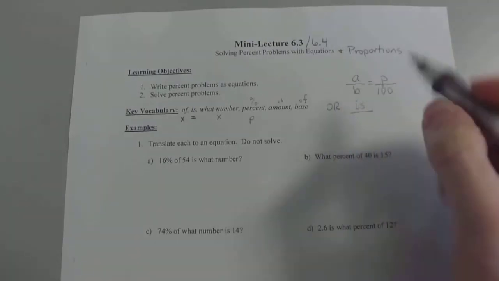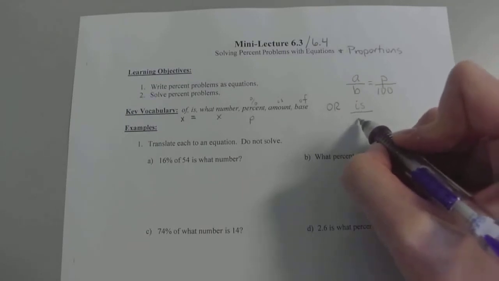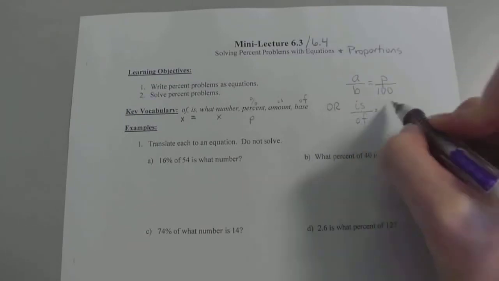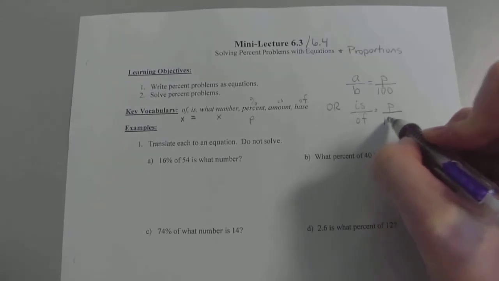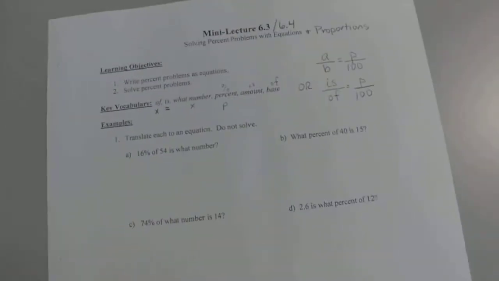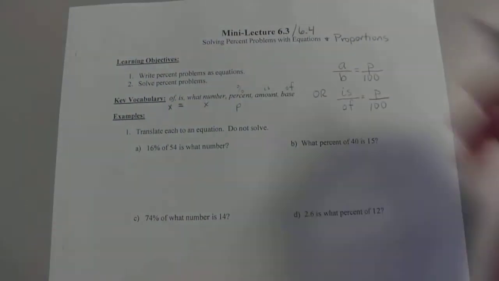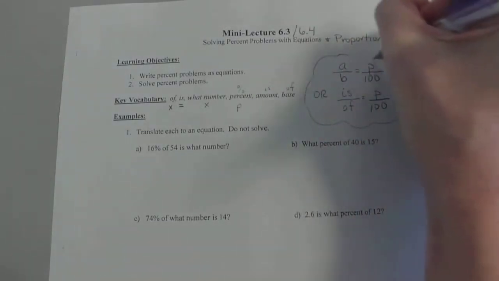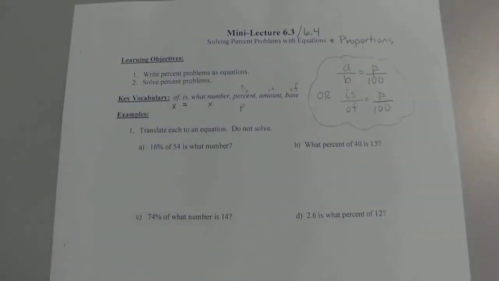And then remember, of is the base, so whatever's close to of is the bottom. Your percent always goes over 100. And what's nice about proportions, guys, is that if you use proportions, you don't have to change your percent to a decimal or anything. You can just put 82 there, 82 over 100. And it's already over 100, so it's already kind of changing it to a decimal.